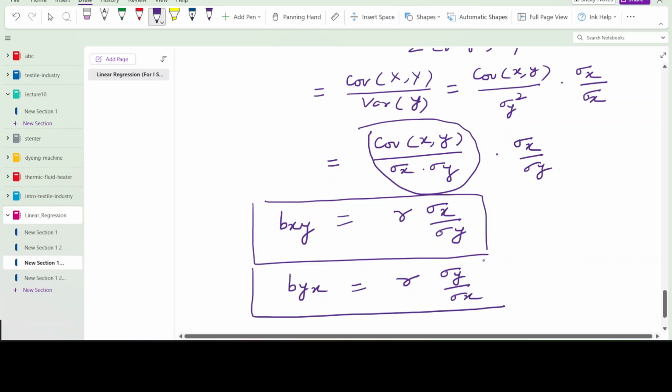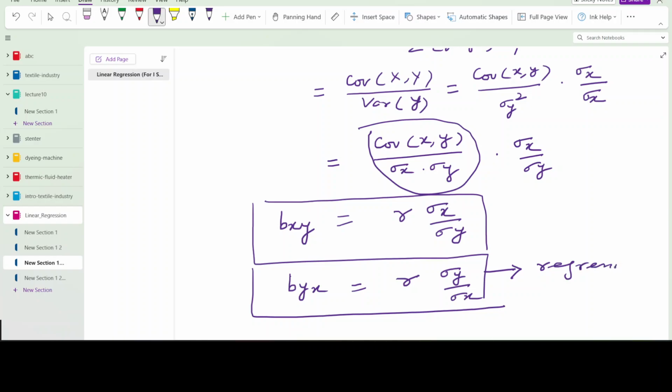This is the regression coefficient of y on x, and this is the regression coefficient of x on y.